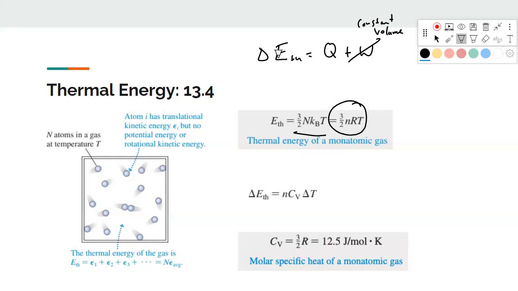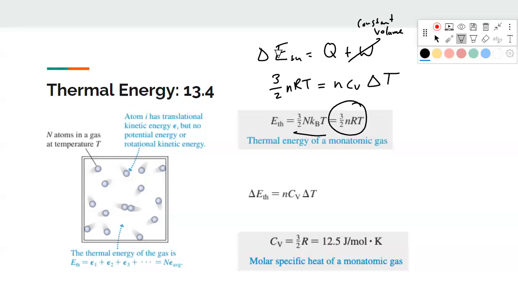So here we have the change in thermal energy, which is 3/2 nRΔT, equals the heat, which for a gas we do in terms of moles, so n C_V ΔT.